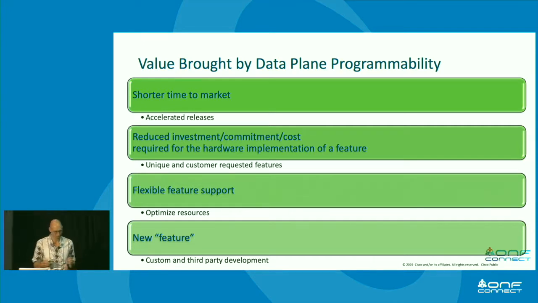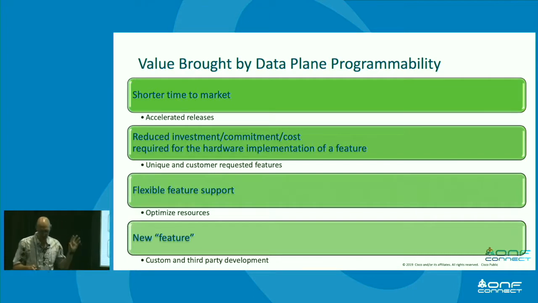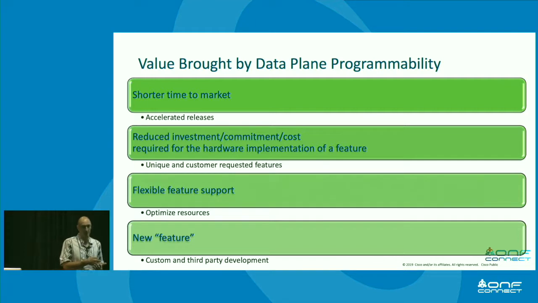So these are 5, if I counted correctly, 5 examples of how vendors can benefit from a programmable data plane. And now what I would like to do is to look a little bit more in detail at the value that this brings to the vendor and to their customers. I try to summarize it in this slide. First of all, shorter time to market for new features or new releases of the systems that the vendor is selling.